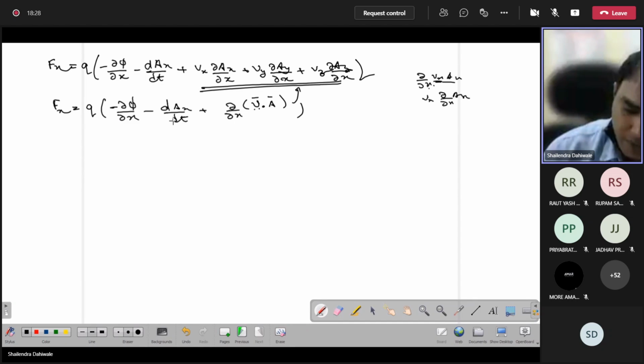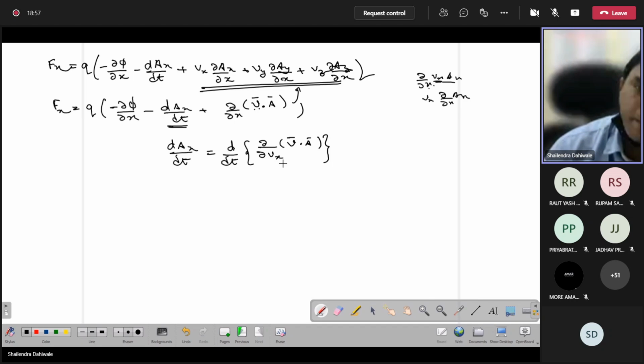Now what about this term? Again I can write it as dAx by dt, just a simple del. So only the x component I want, so v dot. Can I write it like this? See, what is my v dot A?